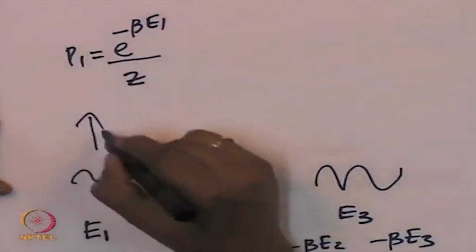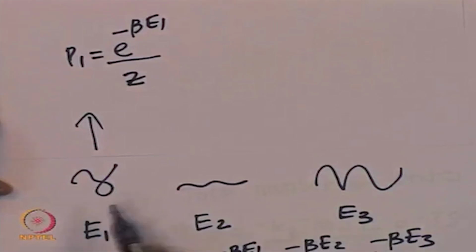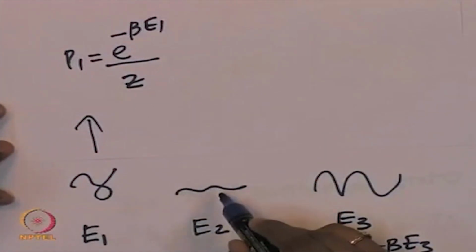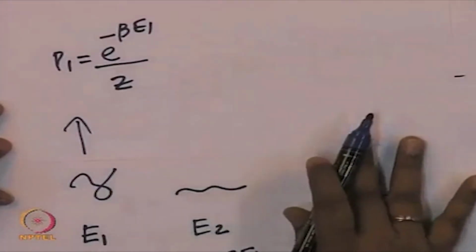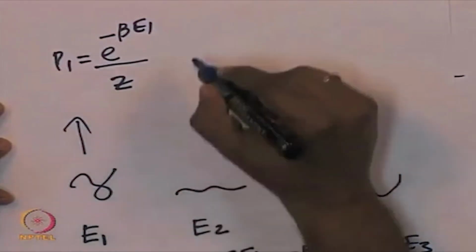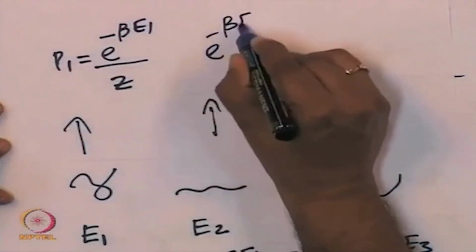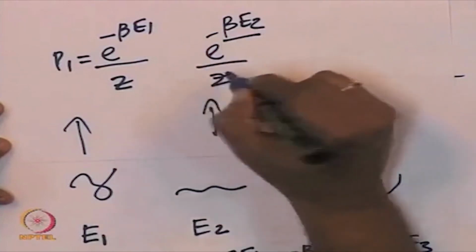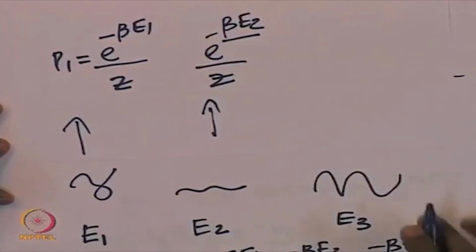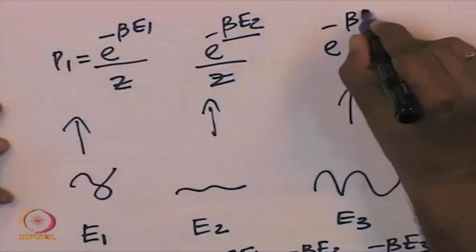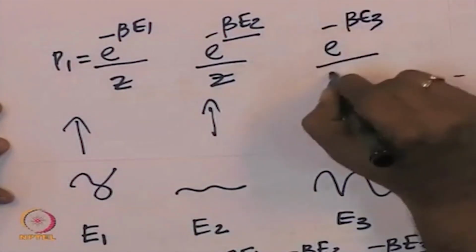What is the probability of finding the system in this state which has an energy E2? It is e power minus beta E2 divided by z. And the probability of finding it here is e power minus beta E3 divided by z.